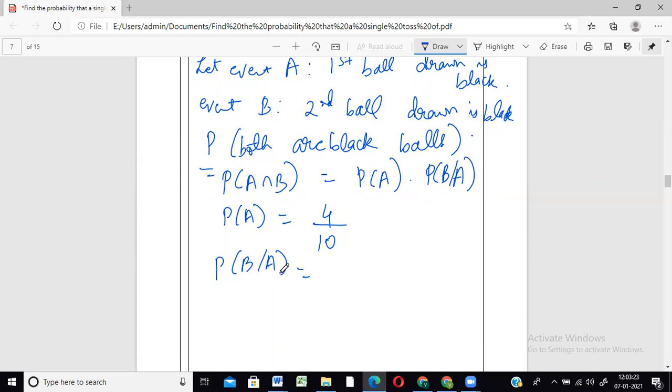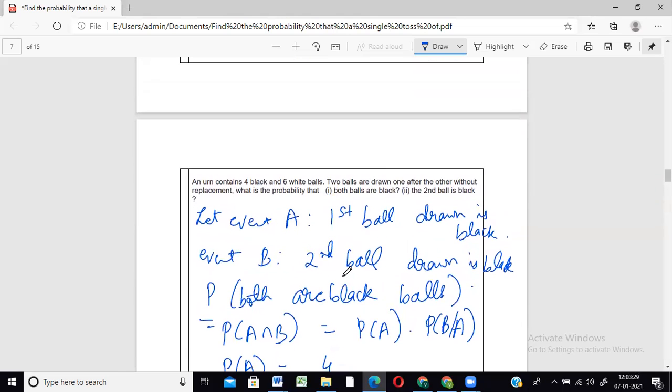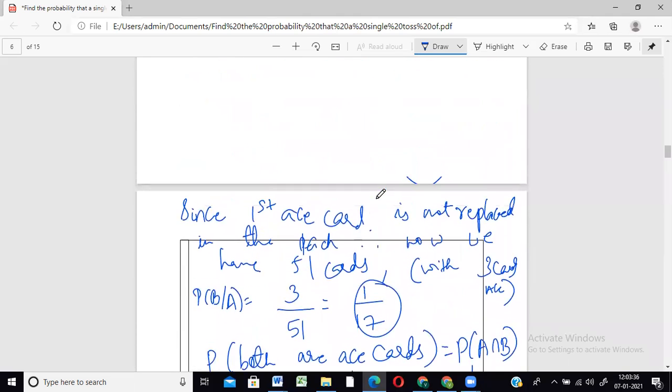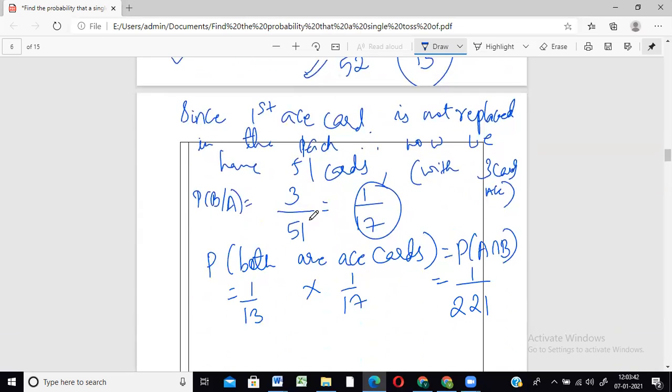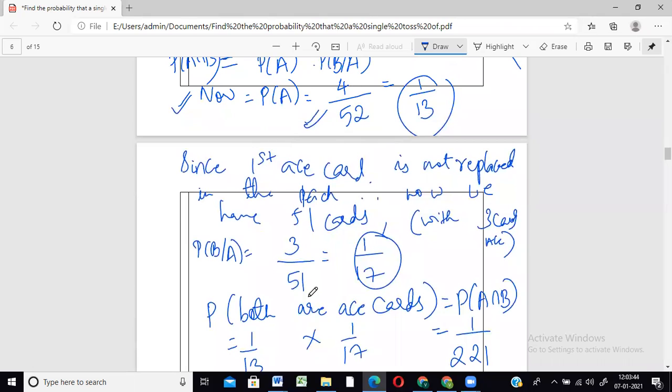Now, what do you think this answer can be? Now, when you have already done that sum, you should know that shortcut. When you're doing that, both balls are black or both are aces, you should know that shortcut. Here what was it, 4 by 52. You only have to find out the probability of A. B such that A will be exactly similar, one number less. 4 minus 1 is 3, 52 minus 1 will be 51.